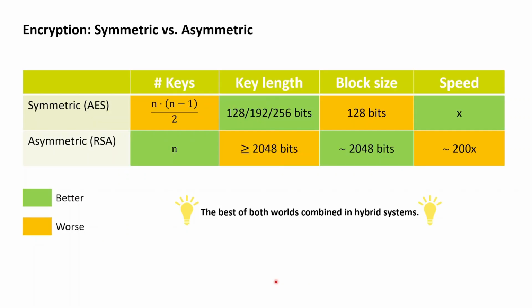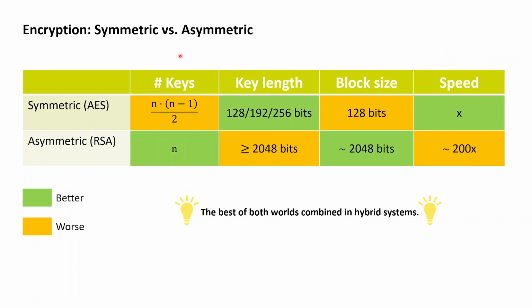The efficiency of symmetric and asymmetric encryption schemes can not only be compared in terms of the numbers of keys to be used, but also, for example, in terms of the length of the keys involved, the size of the plaintext that can be encrypted with the invocation of exactly one encryption operation, as well as, of course, the general speed with which encryptions can be calculated.